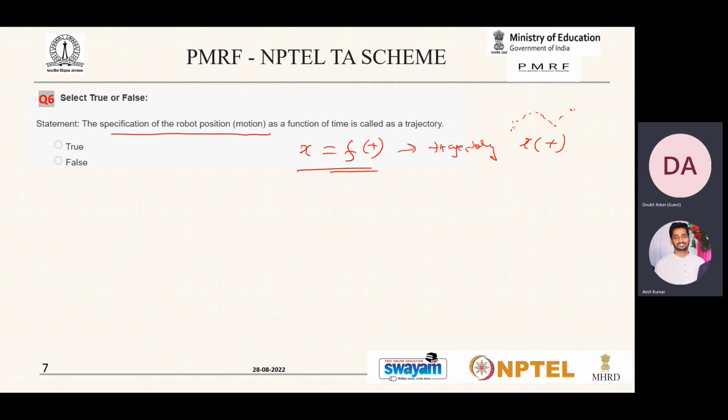So you can say that if we follow some trajectory, this trajectory gives what the states are, or if x represents the states, in what position it is based on the time, or where it has started. So this is the correct definition of trajectory.